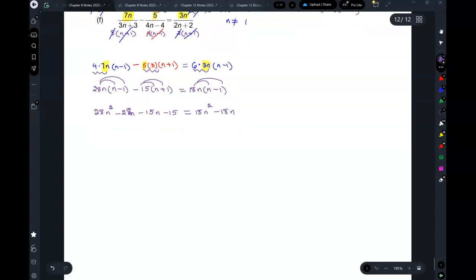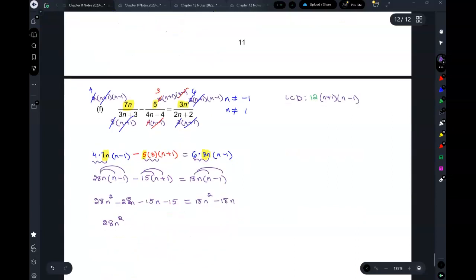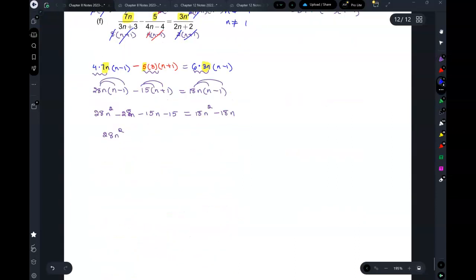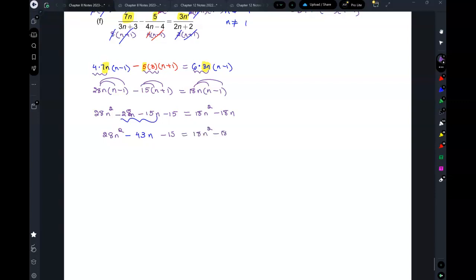Okay, so here I have 28n squared minus 28n minus 15n, I'm sorry, minus 43n, right? Minus 15 equal to 18n squared minus 18n.